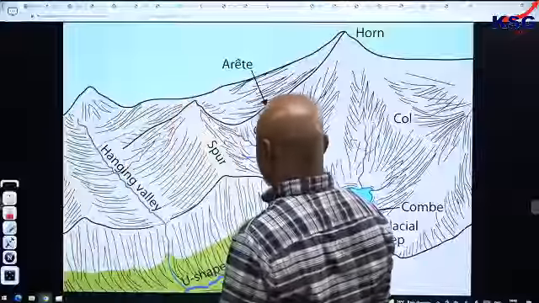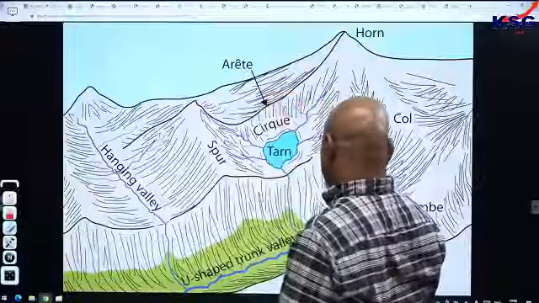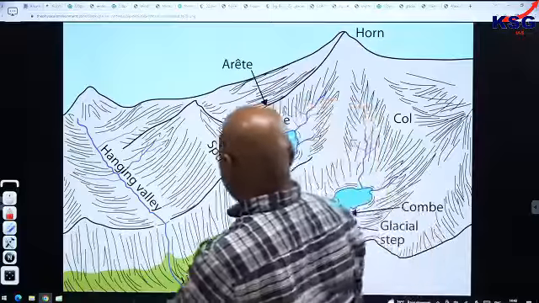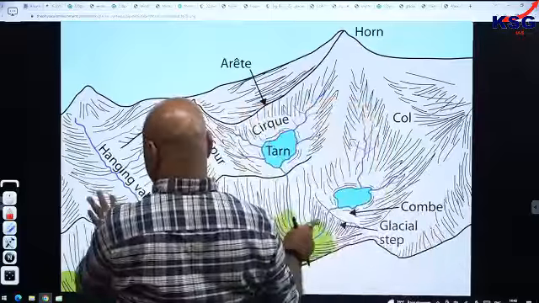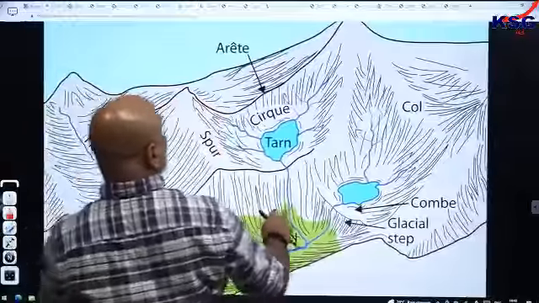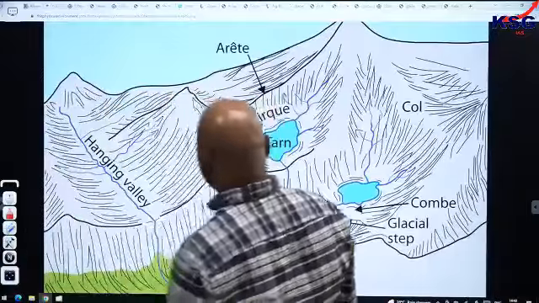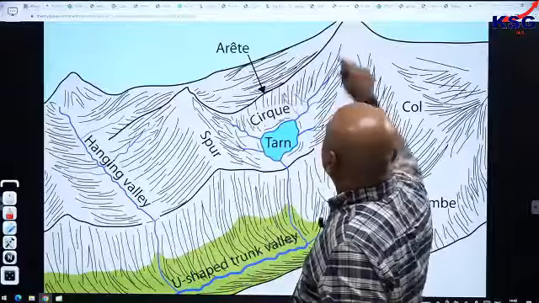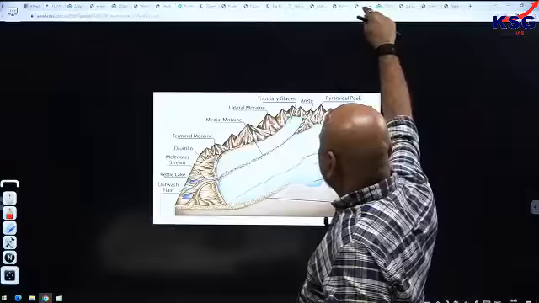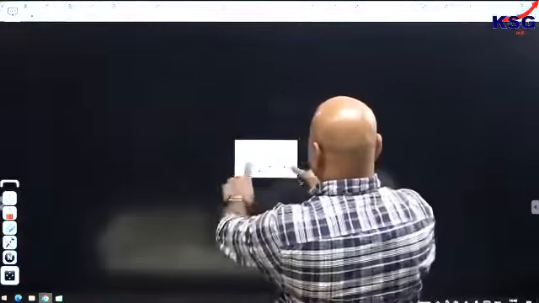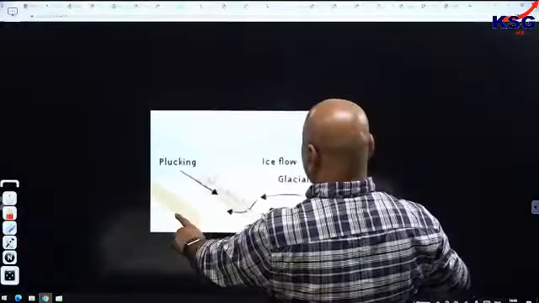See here. Whenever a glacier moves in a particular direction, it first of all develops what? Glacial abrasion and plucking.